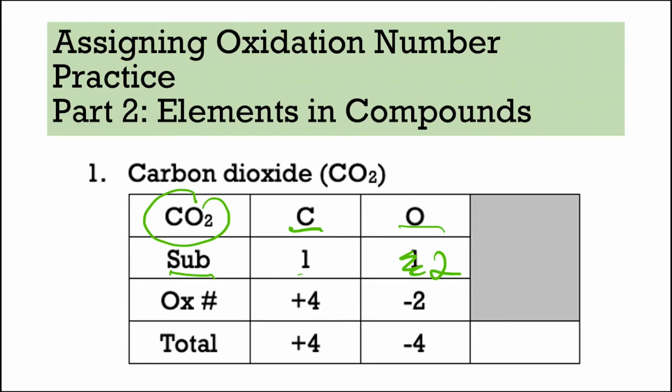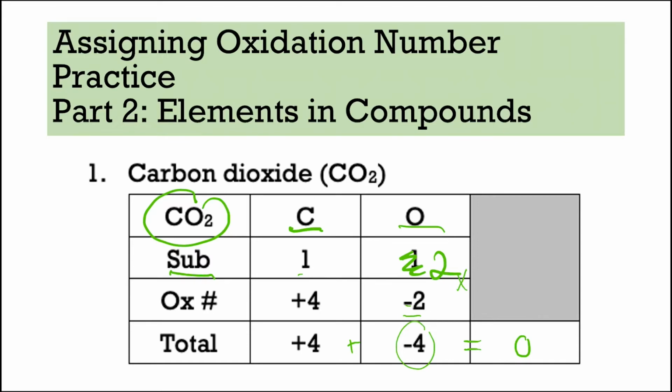Oxygen we know always has an oxidation state of -2. And so if one oxygen has a -2 state, if you have 2 of them, 2 times -2 gives you -4. Now we know the total has to equal 0. So whatever the carbon is plus whatever the oxygen is has to be 0.